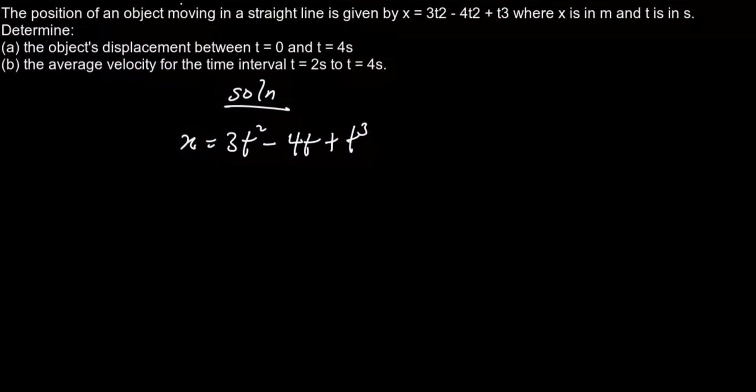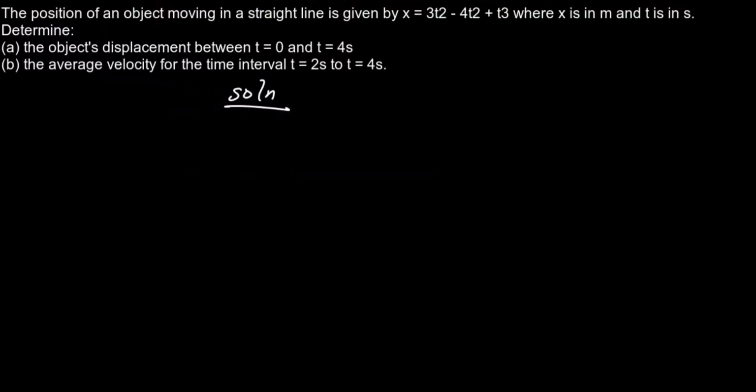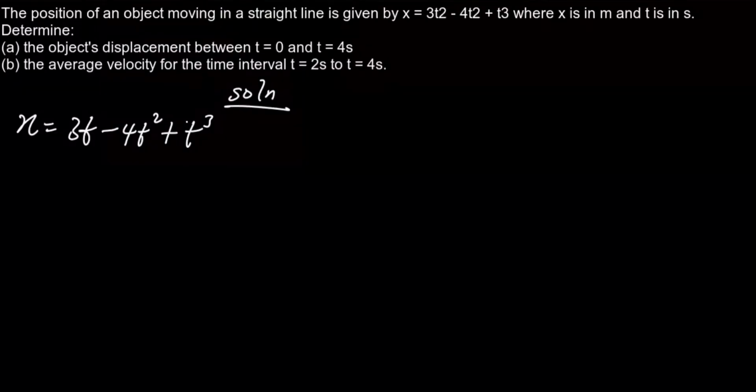Sorry, 3t minus 4t square, so that was a typo error. So x is 3t minus 4t square plus t cube. Now, this is what we have. So x is in meters and t is in seconds. We are asked to determine the displacement between these two time intervals.